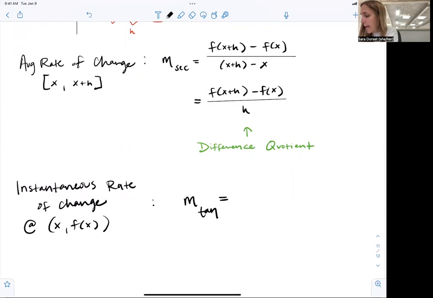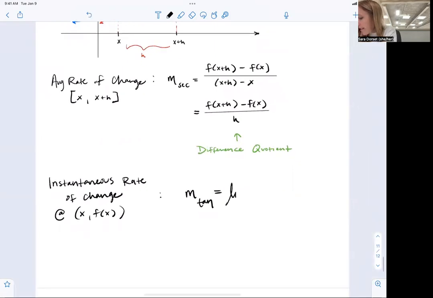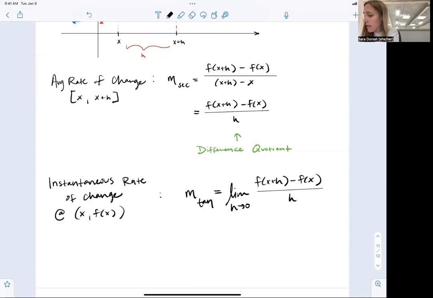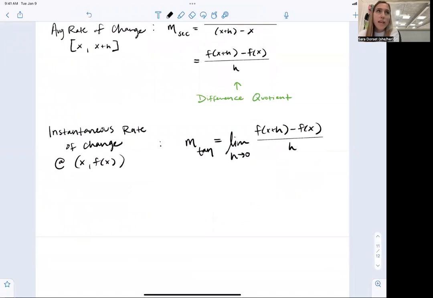I call that M tan. So that's the limit as h approaches 0 of our difference quotient, f of x plus h minus f of x all over h. And we call this formula that we can come up with for any function, we call it the derivative.